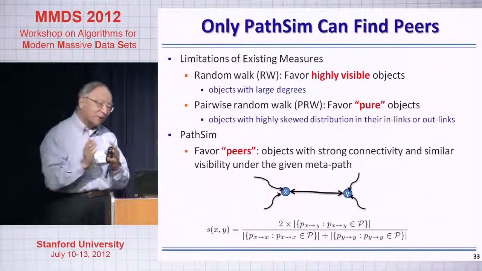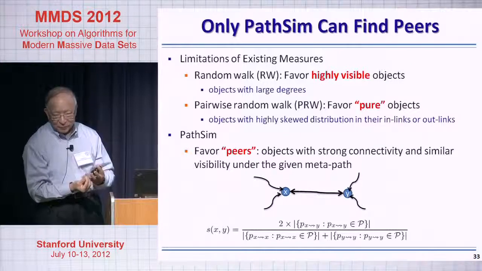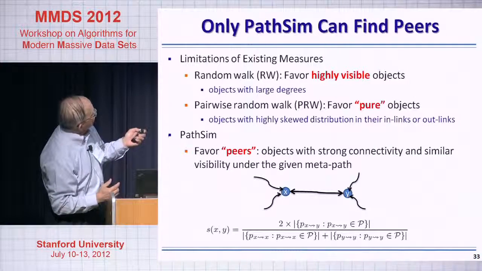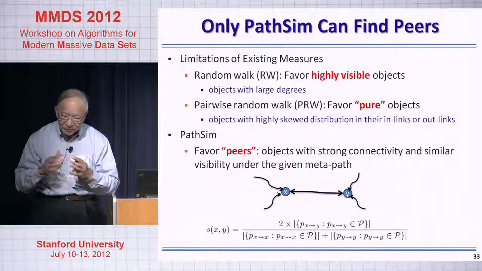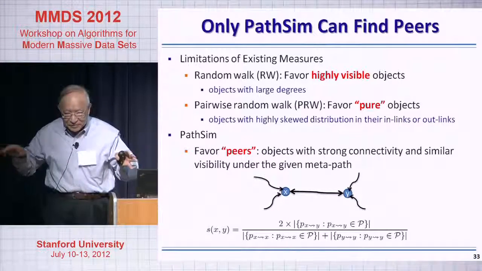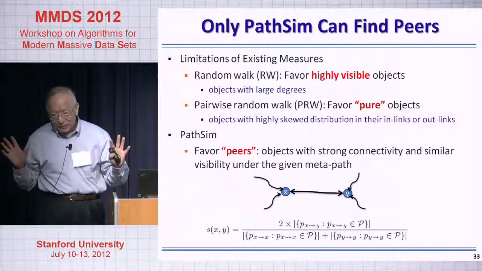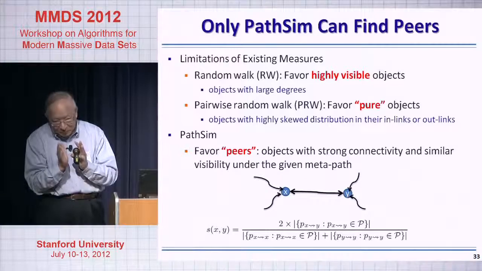So the similarity will pull these highly visible objects to you, which may not be quite fair. But with the pairwise random walk, it favors more pure objects. That means if you have many different kinds of links, somehow you will be distracted somewhere. But if you have very narrow links, sometimes you benefit more.